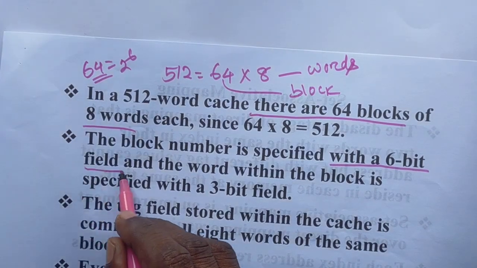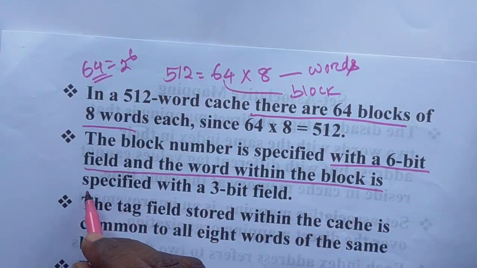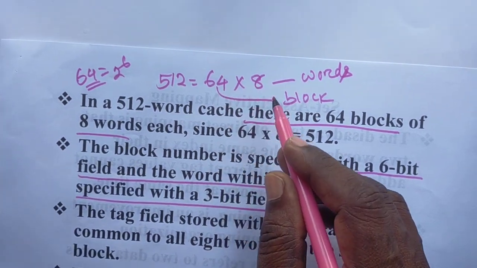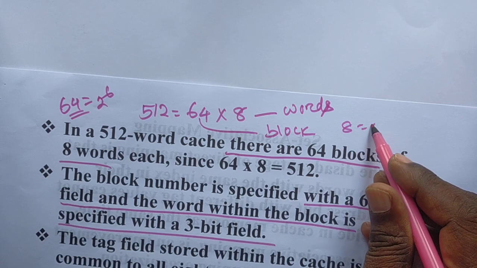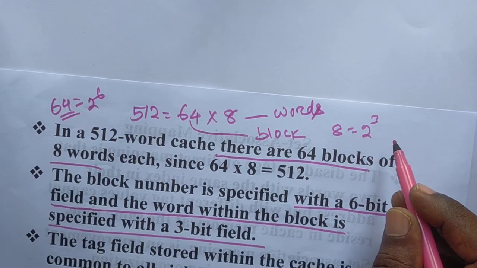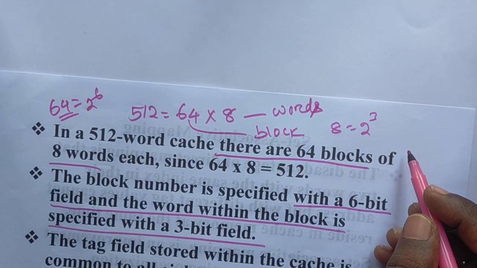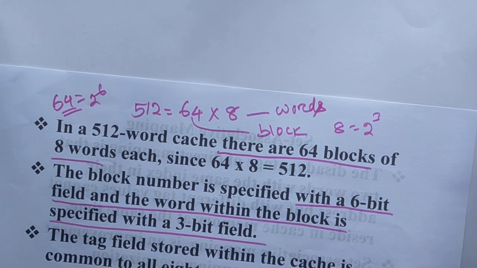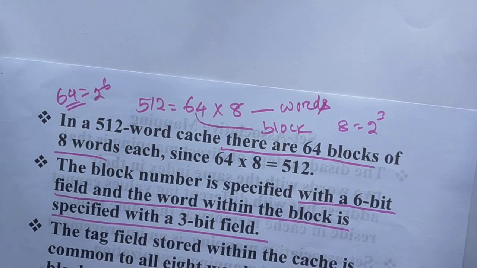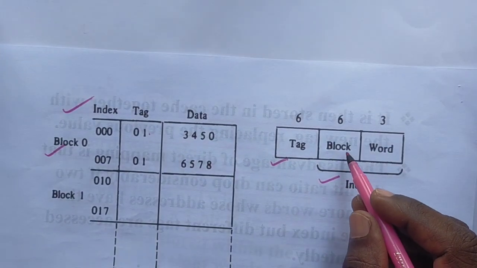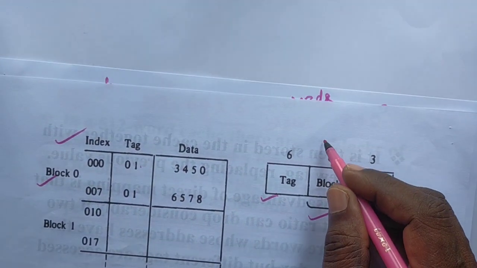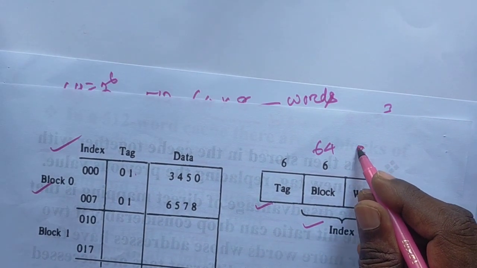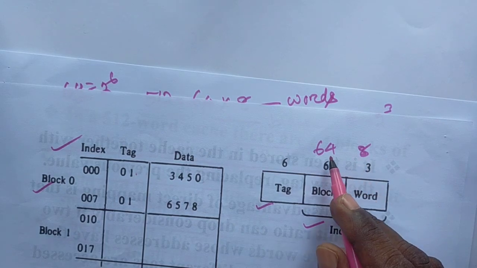And the word within the block is specified by 3 bits because 8 is 2 to the power 3. So 3 bits are required for the word. Very simply, 6 bits for the block, which means 64, and the word contains 3 bits, which means 8.